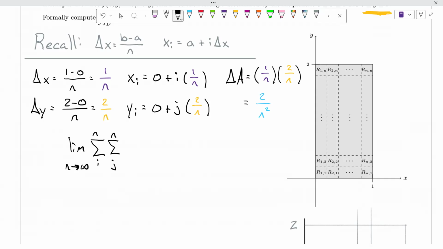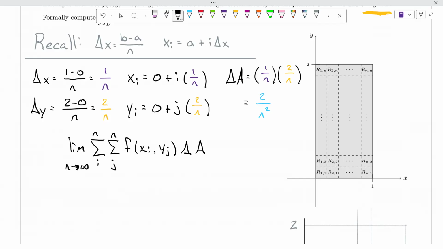And we're going to look at f of xi, yj times delta A. That's the thing that we gotta compute. In each of these sums, delta A again is the area of those rectangles. The function value f of xi, yj, that's just the height of the rectangle at whatever point that is somewhere inside each of these rectangles.